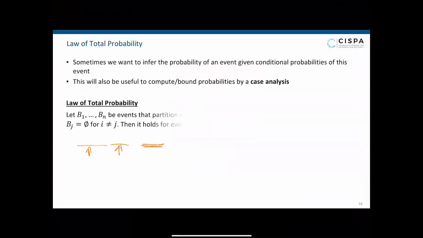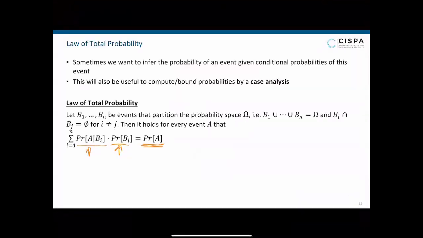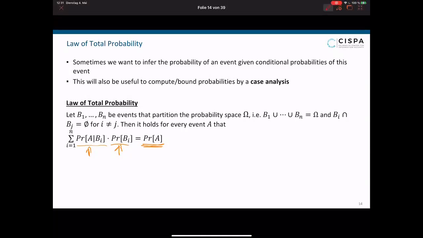So last time we made it until the law of total probability, which we see here again. Essentially, what does the law of total probability tell us?